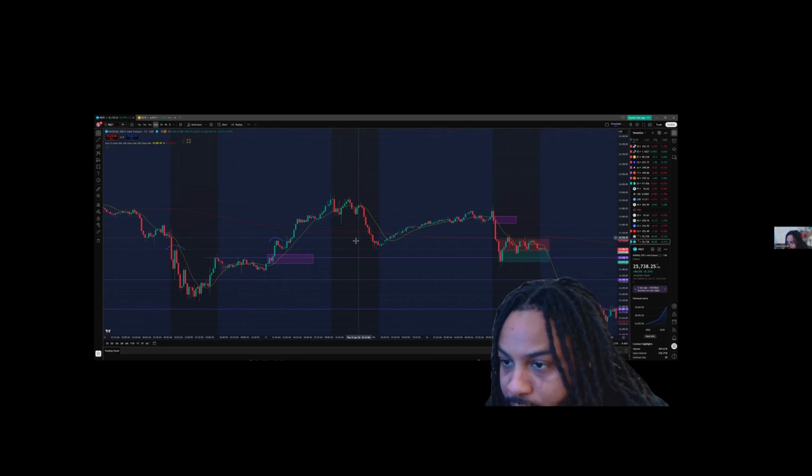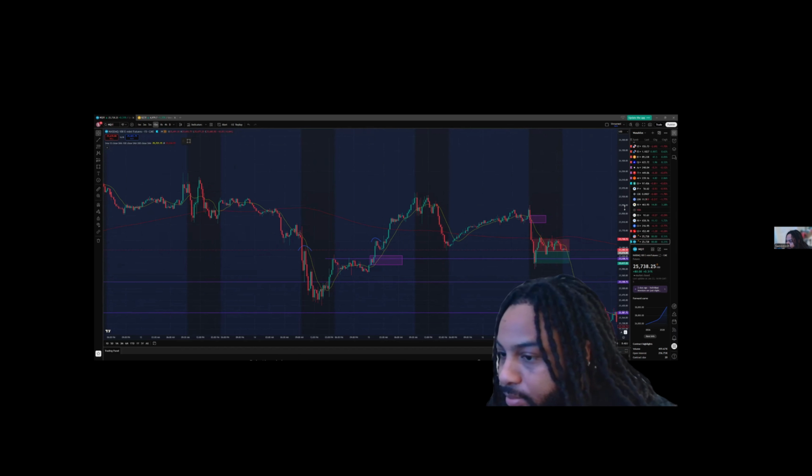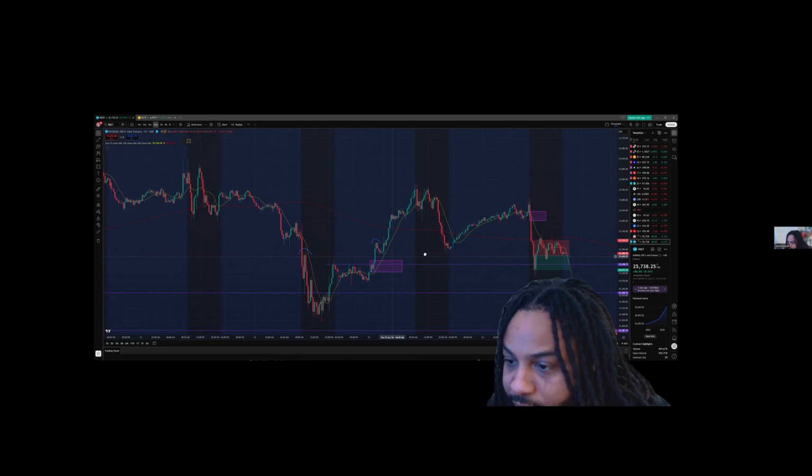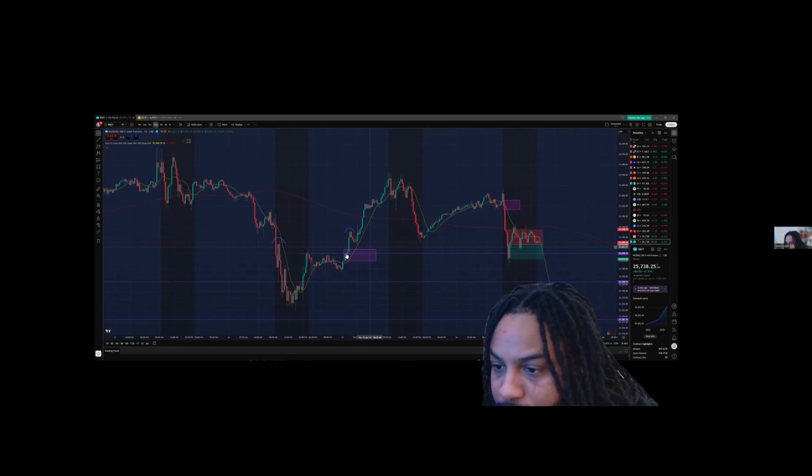As you can see, we are going up, and up is green, down is red for my setup. We have a red candle right here, and then we break structure to the upside.